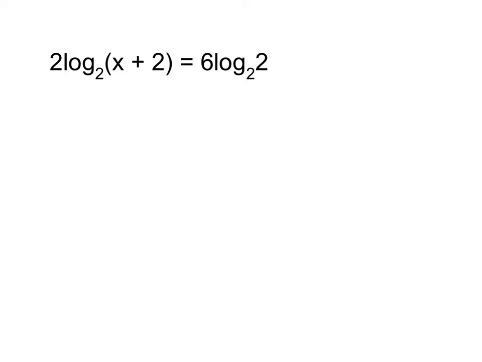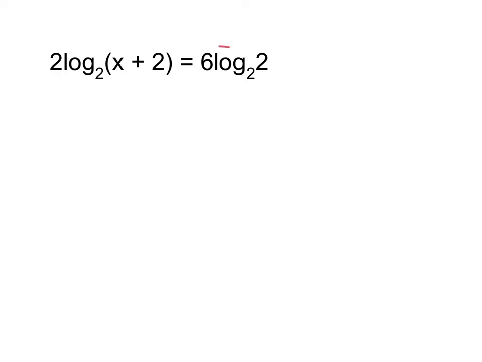Now, if you take a look at this one, again, your first step is to see if you have one term of logs or two terms of logs. If you have two terms of logs, you have two options. You can get one log equal to one log, or you can condense down and then write it in exponential form. So let's see if we can get this one log equal to one log.